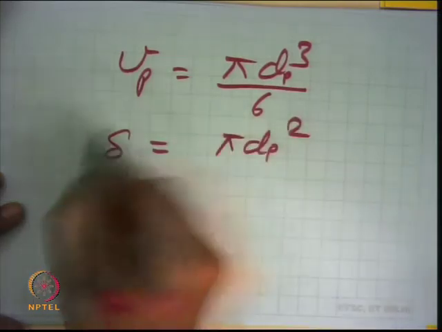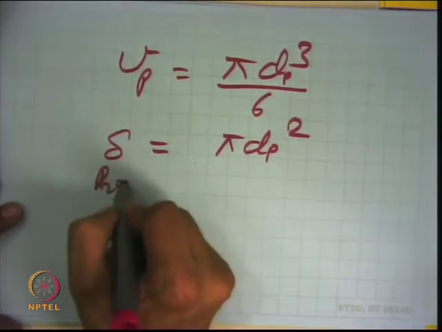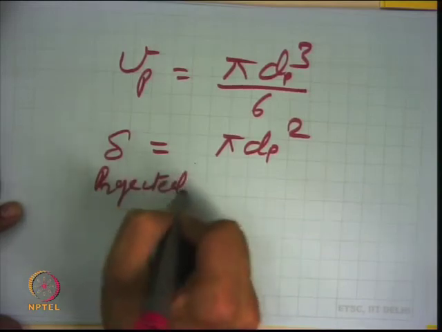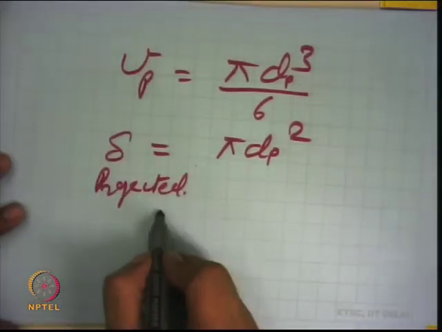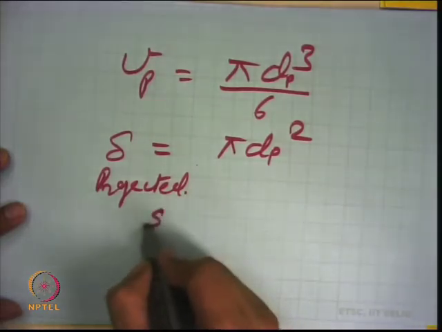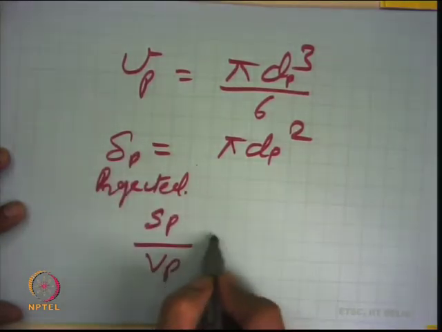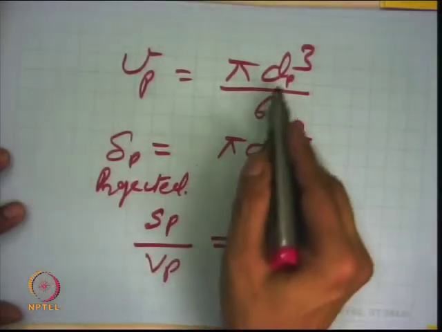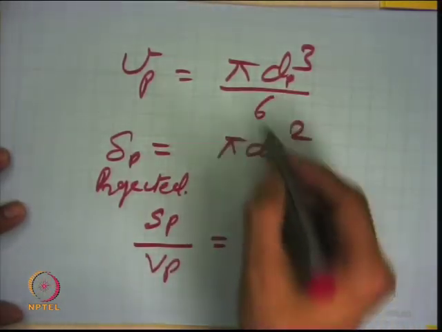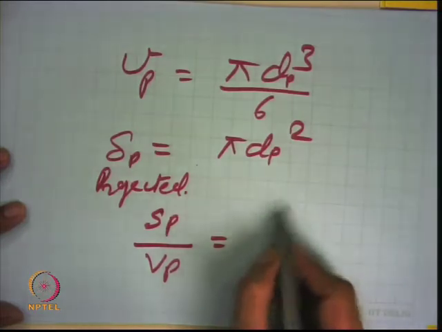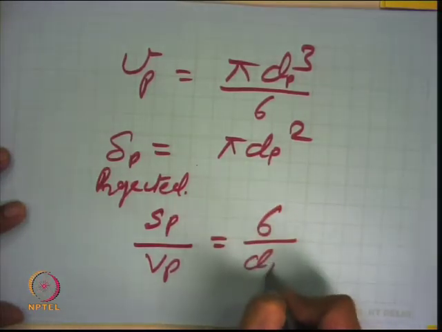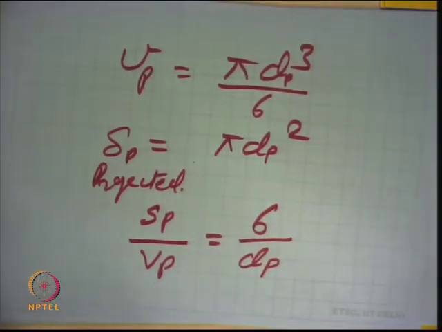So, I am talking about a projected area, right. So, if you take Sp by Vp, this is pi dp square divided by pi dp cube by 6. So, this becomes 6 upon dp, right.